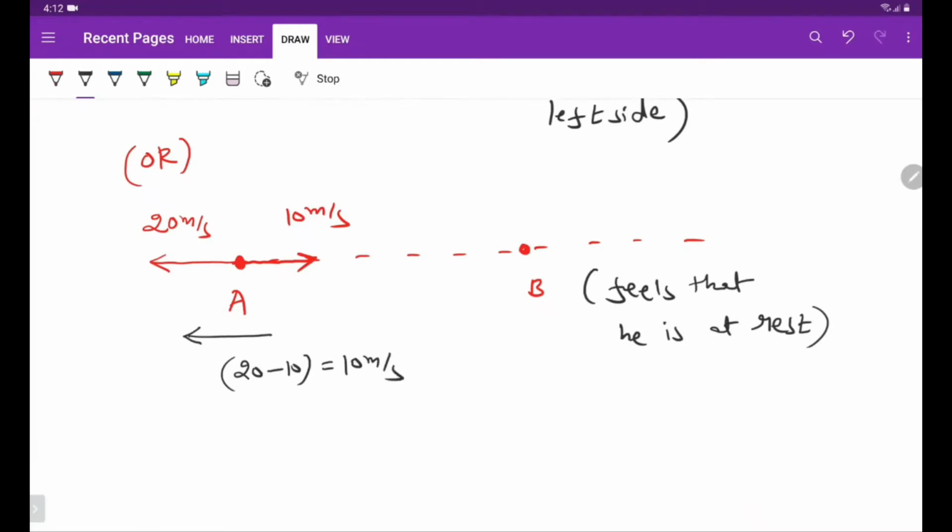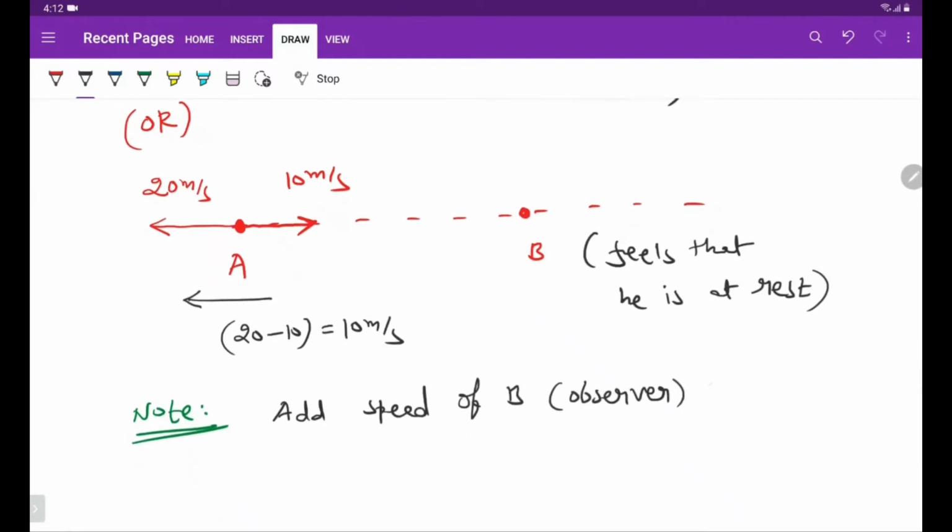So we can also do it like this: by simply adding the observer's speed to car A in the opposite direction. Note, add the speed of B, the observer speed, to car A in opposite direction. Using this method also, we can solve this problem.